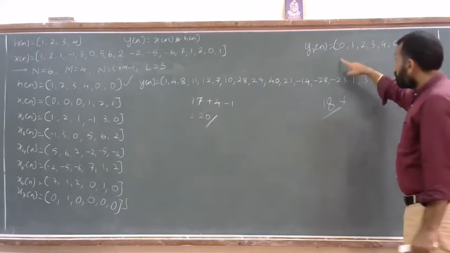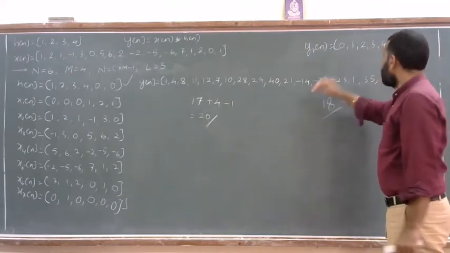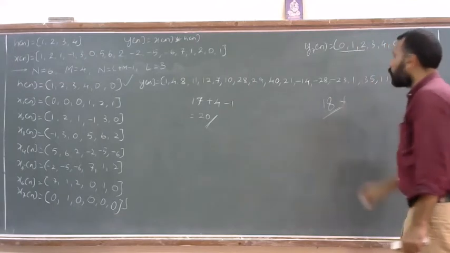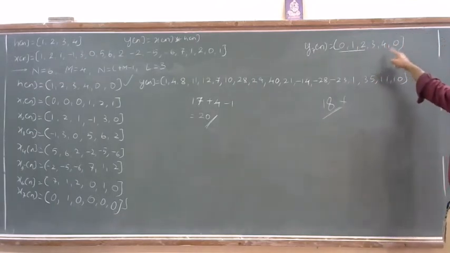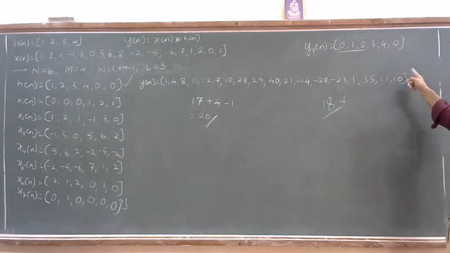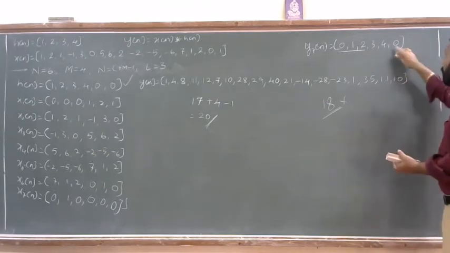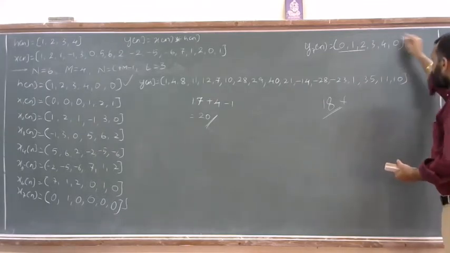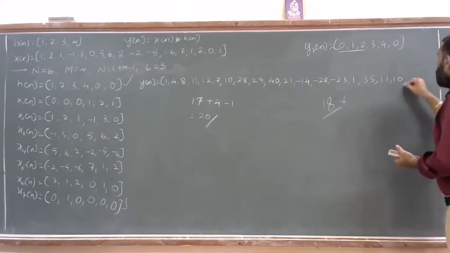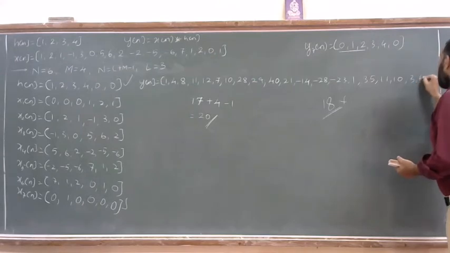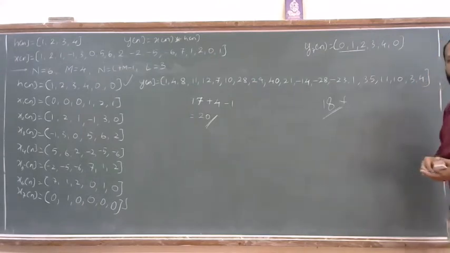From this output segment, the same procedure: the first m minus 1 samples will be discarded and the remaining L samples will be considered for the output. The last part is 0, so after 10, the two non-zero values, 3 and 4, will be included.